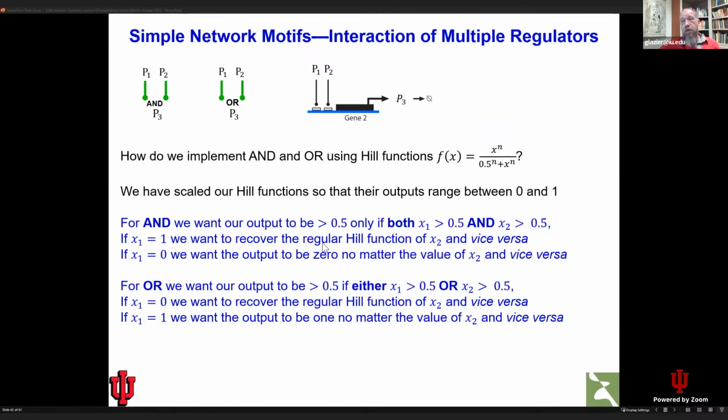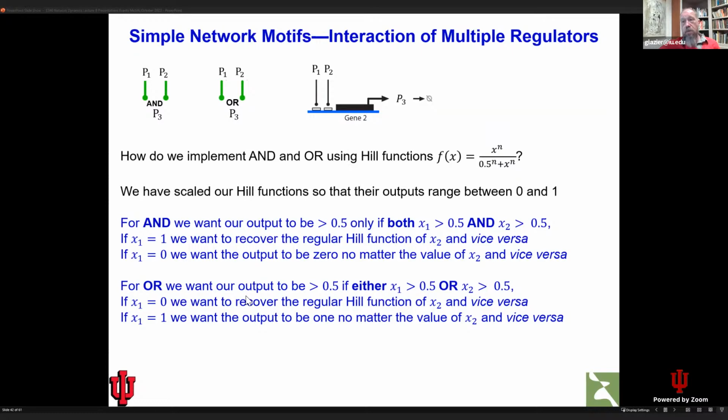So for an AND, we want our output to be bigger than a half if and only if x1 is bigger than a half and x2 is bigger than a half. In particular, if x1 is 1, then we should recover our Hill function of x2. If x1 is 1, basically x1 isn't doing anything, and we should just get a Hill function of x2. If x1 is 0, we should get 0 no matter what.